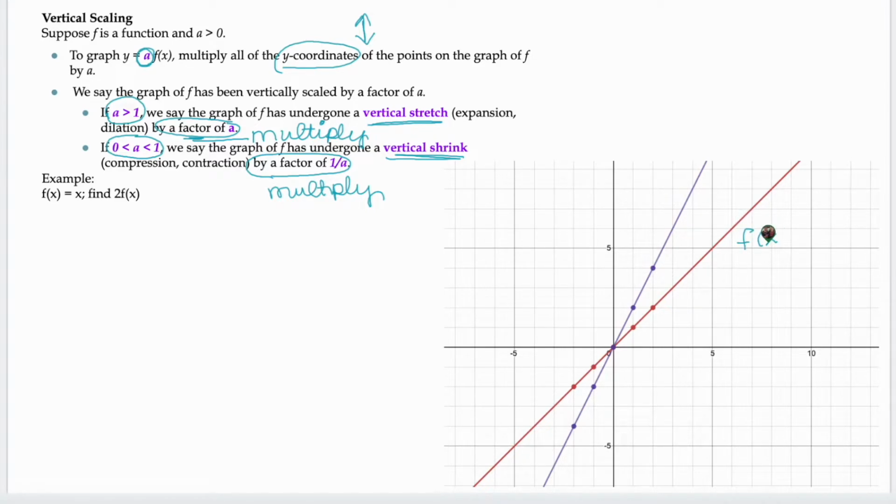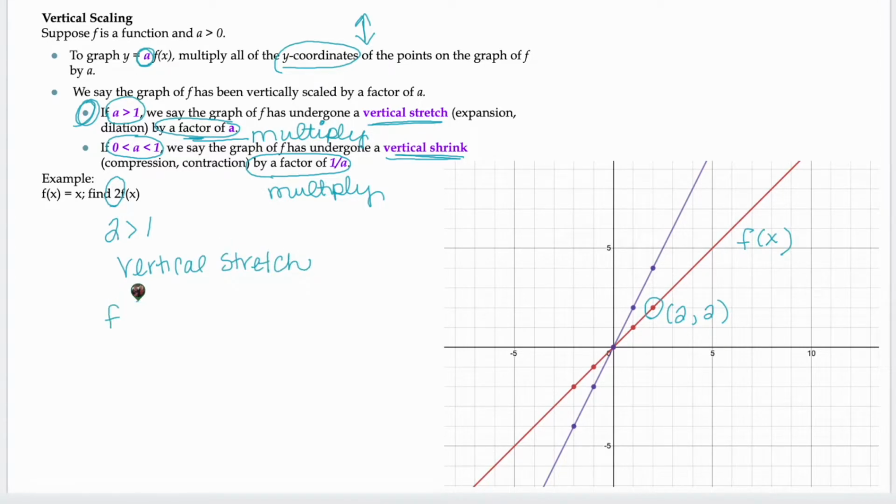Let's still say I have (2, 2) here, and we want to take a vertical scalar of 2. Currently 2 is greater than 1, so we follow this bullet point. That means we are going to take our y values and multiply by 2. So this is a vertical stretch, and we're going to get taller.